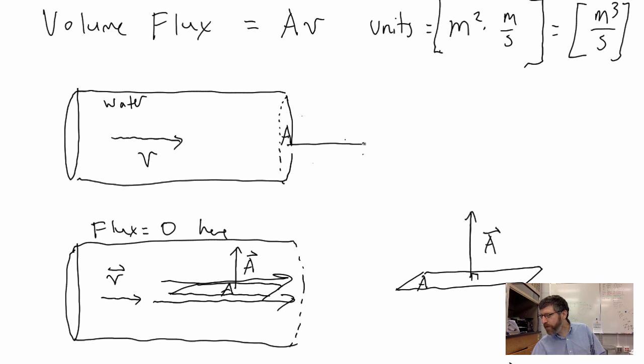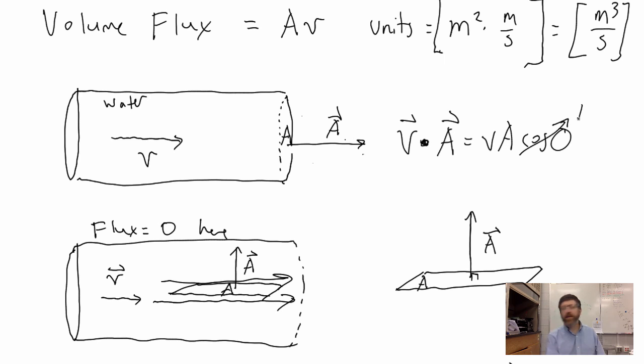Here's my A vector right there, the A vector representing that end area. And notice I would get the full-on V dot A, a dot product, which is equal to VA cosine of the angle between them, 0. That is equal to 1. So I would just get V times A. I get the full volume flux there. Cool. That is volume flux.